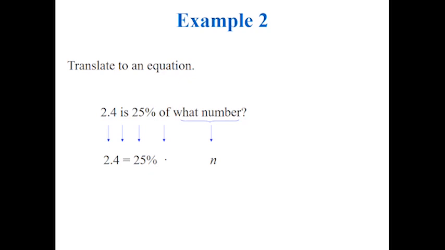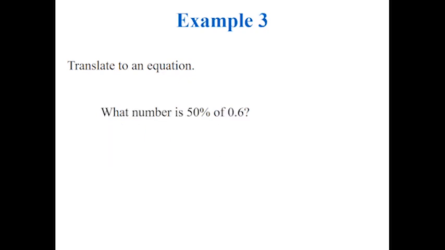Let's look at another example. Translate to an equation. What number is 50% of 0.6? Go ahead and see if you can do this one. We're not solving for the number, we're just writing it as an equation.